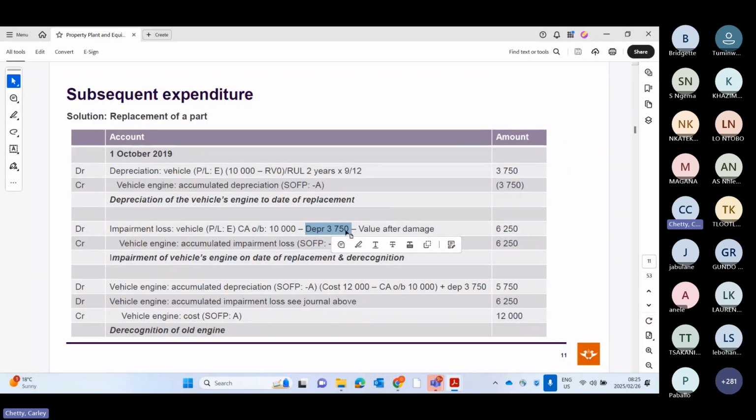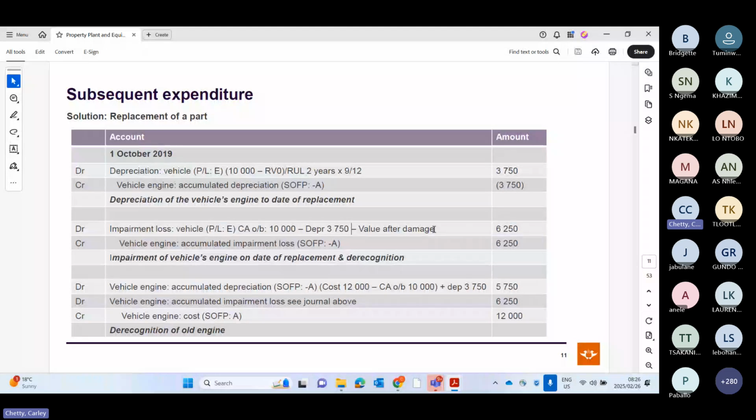So once we have determined the carrying amount on 1 October 2019, now we need to scrap that amount, okay? We are going to impair it. Obviously, there's been some kind of damage and it's no longer actually worth that. So we are going to process an impairment. So the recoverable amount is basically 0. So we're comparing the carrying amount of the old engine, which was 10,000 Rand on 1 Jan 2019, minus the depreciation of 3,750.